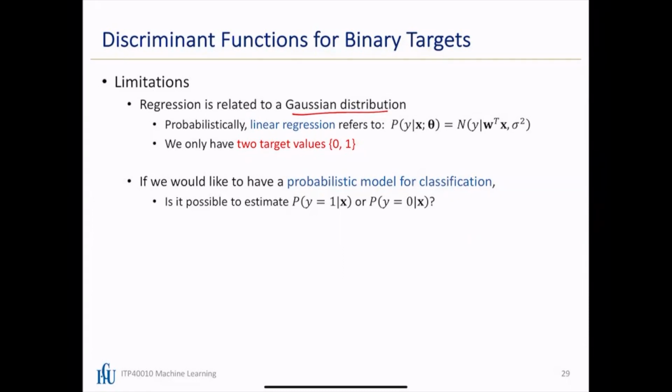But speaking about Gaussian distribution, it's going to define the data space in terms of the real output value. But in our case, we are going to classify the data in terms of 0 and 1.